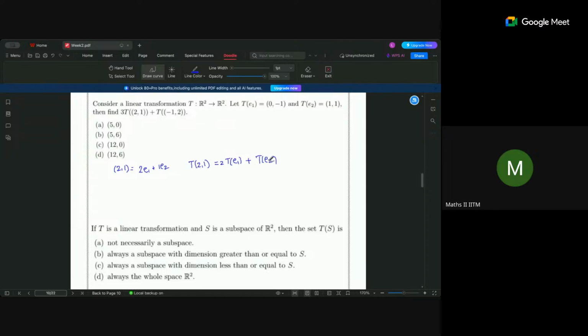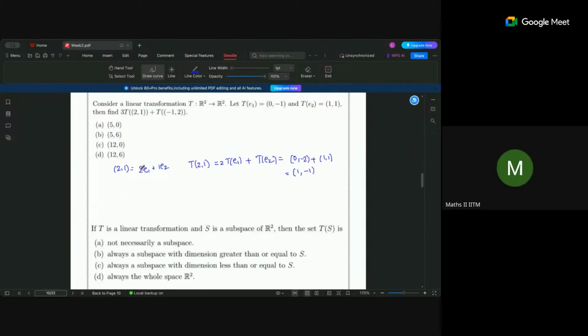Right? Now can you tell me what is T of (2, 1)? I thought everyone would have figured this out. We have given this expression several times. So (0, -2) plus (1, 1). So the answer should be (1, -1).